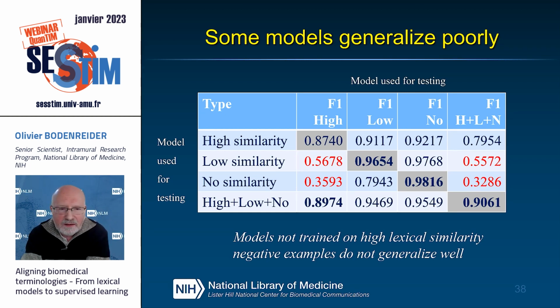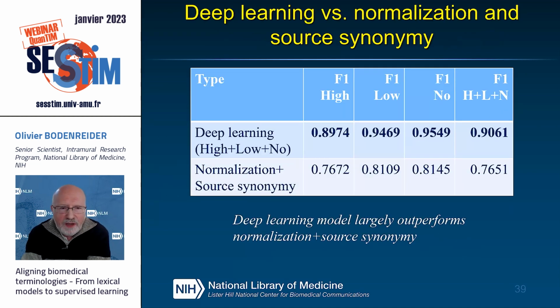It turns out that some models transferred poorly, if you wish. And we actually found that the combination of using terms from high similarity groups, low similarity groups, and no similarity groups gave us the best results.